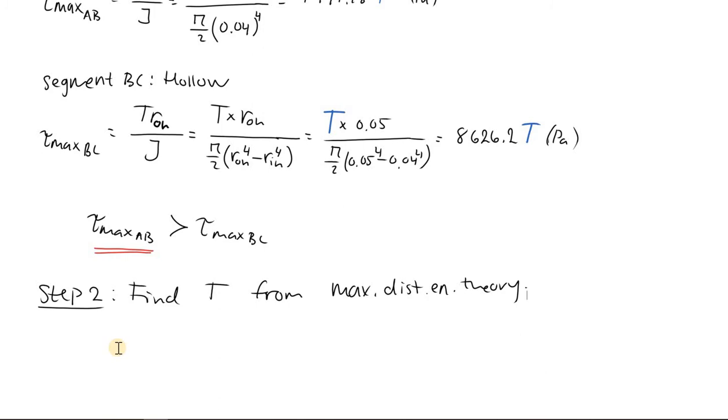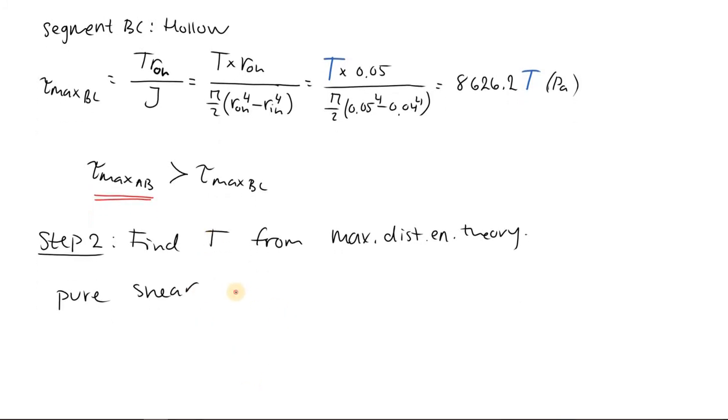All right, because we know that our shaft is subjected to pure shear, we can define our principal stress 1 will be equal to negative principal stress 2, which is the same as our shear stress. That's only for our pure shear stress scenarios.